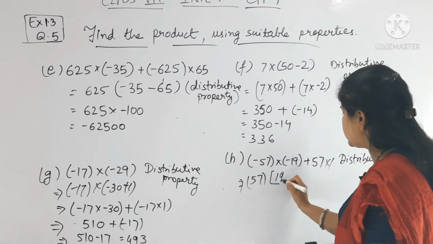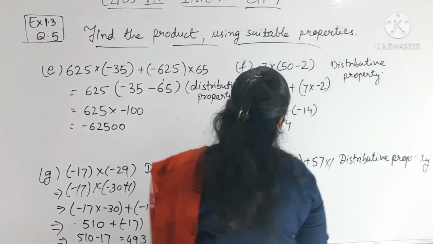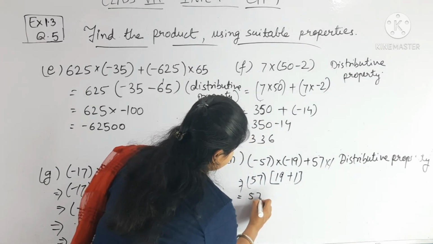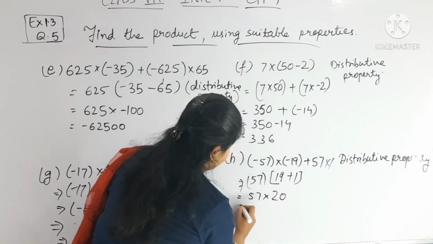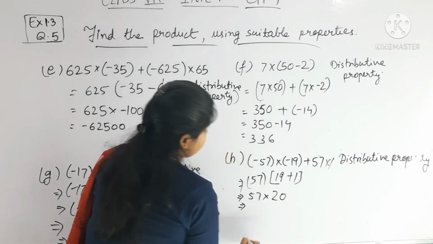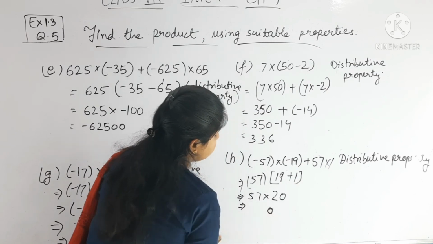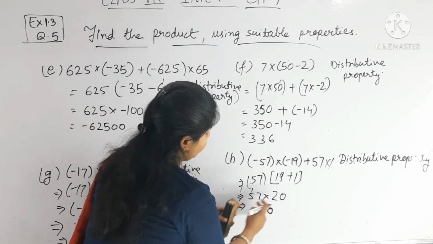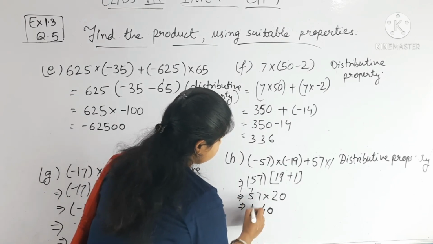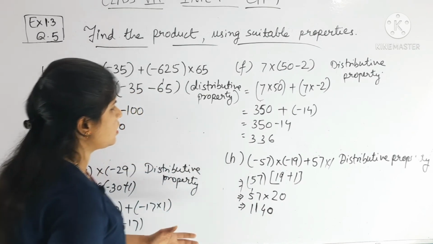So 19 plus 1. 57 into 19 plus 1 is 20. So we can easily solve using the properties. We can write 0 as it is, then 2 7s are 14, 1 is carry on, 2 5s are 10, 10 plus 1 is 11. Okay. So this is the H part.